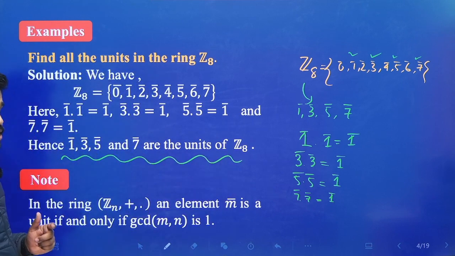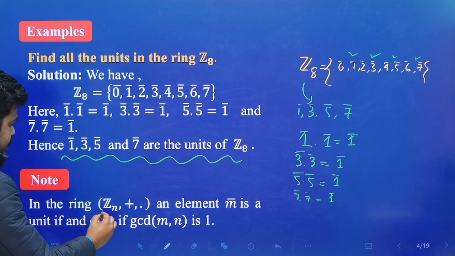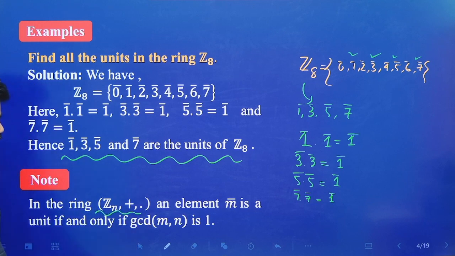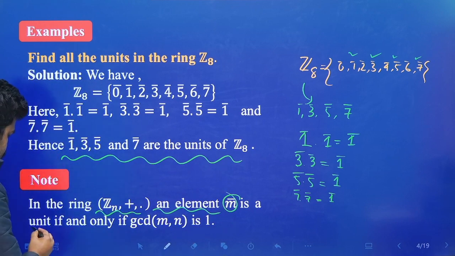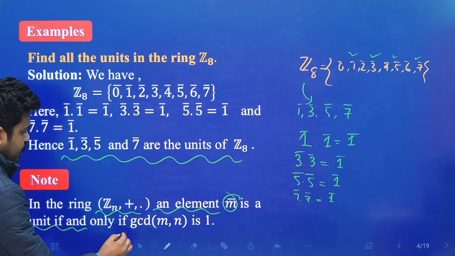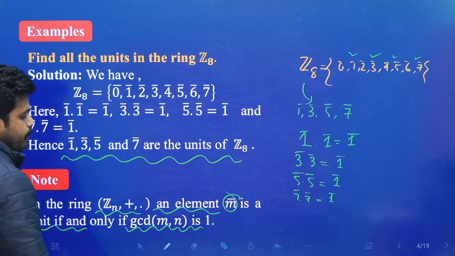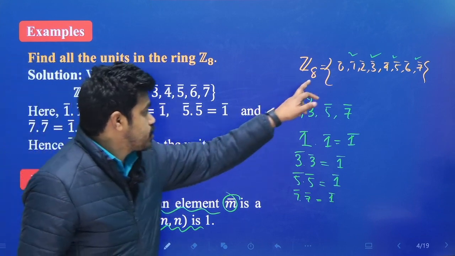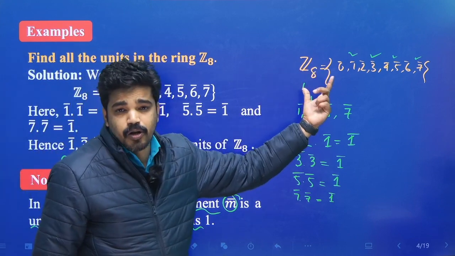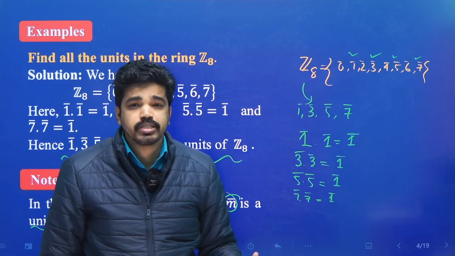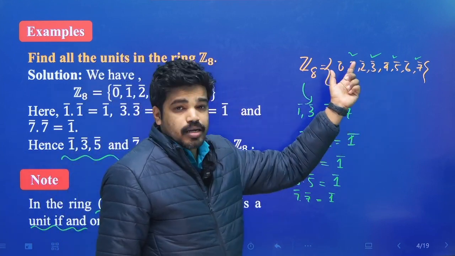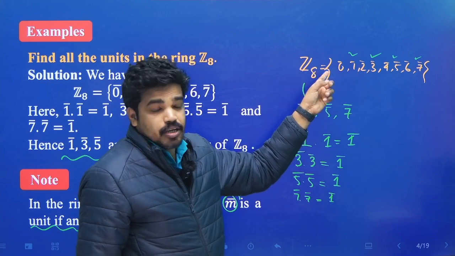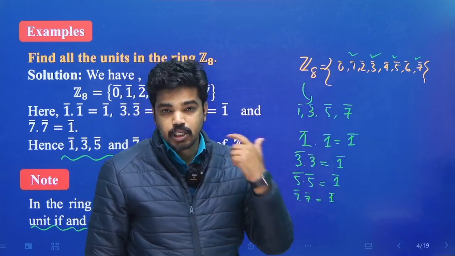So it is a very very important note. In the ring Zn, an element M bar is a unit element if and only if GCD of M and N is 1. What I said is that the numbers that are prime to N are the units. So here 1, 3, 5, 7 are prime to 8, so 1, 3, 5, 7 are unit elements.